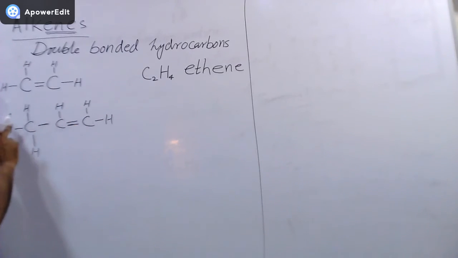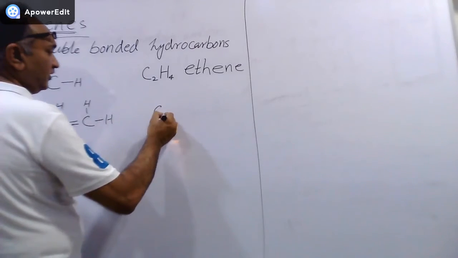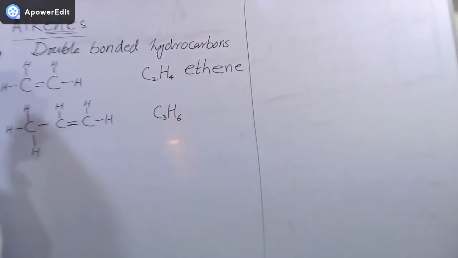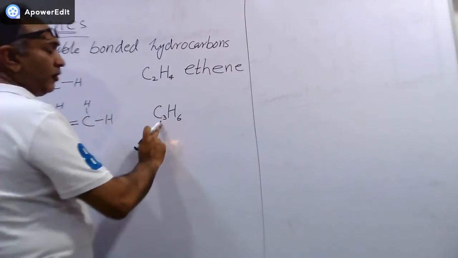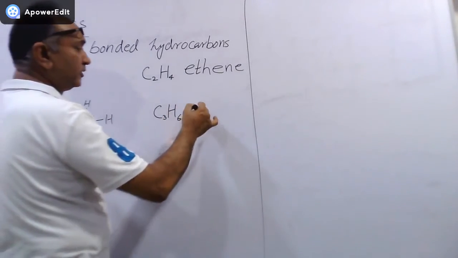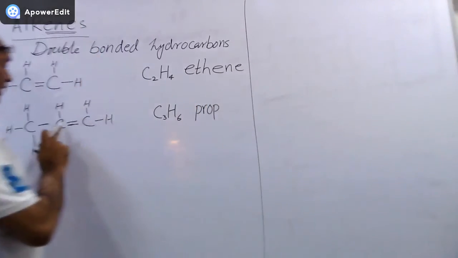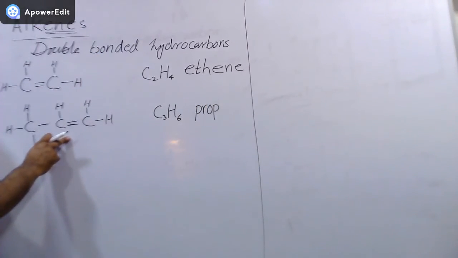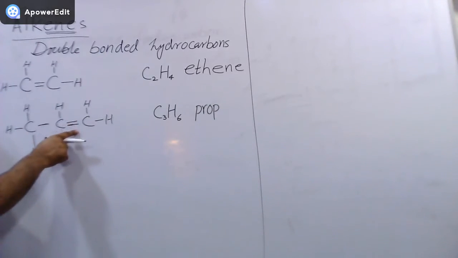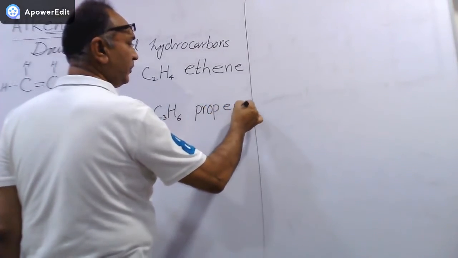How many hydrogens in all? 6. So C3H6. How many carbons? 3. Which prefix? Prop. We have a double bond over here. We also have a single bond. Okay, but we will give preference to the double bond now. So we say it's an alkene. Propene.